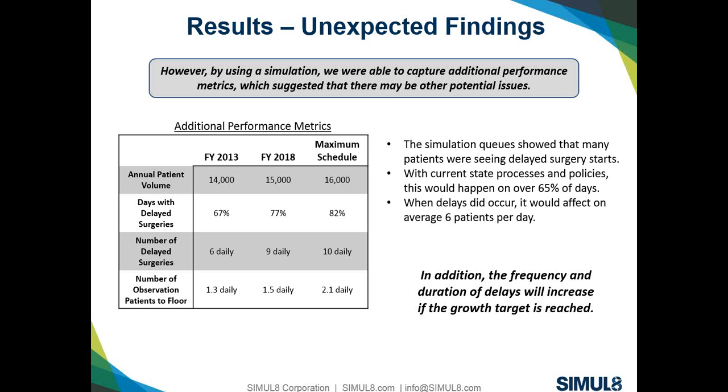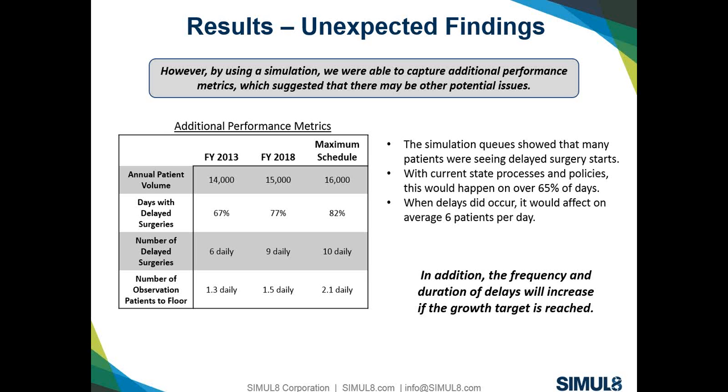The 2 metrics that I want to specifically call your attention to: the first is the percentage of days with delayed surgeries. You can see that starts at 67% given current volumes. What that means is that 2 out of 3 days we're going to have some patients delayed, not being able to get into surgery on time because they can't get into prep. We still don't know why at this point. But 2 out of 3 days we're going to have some problem.